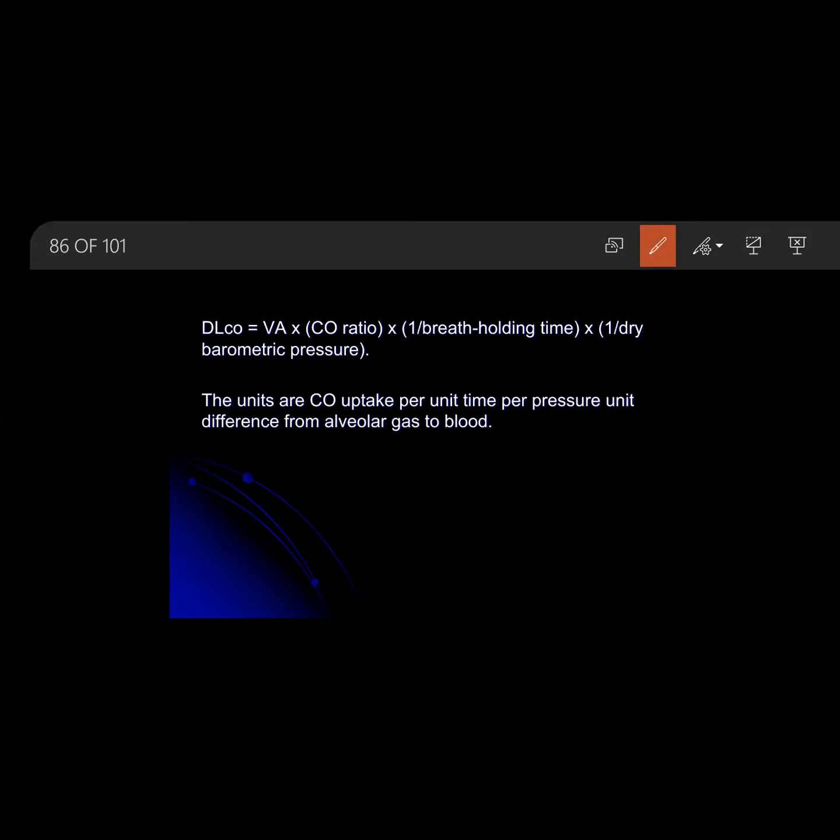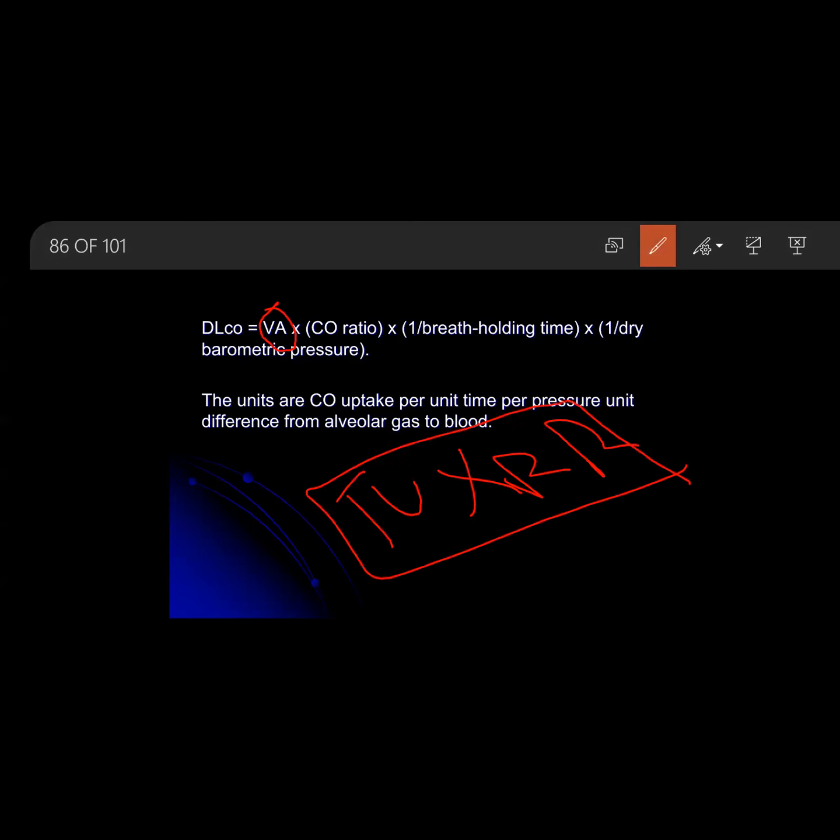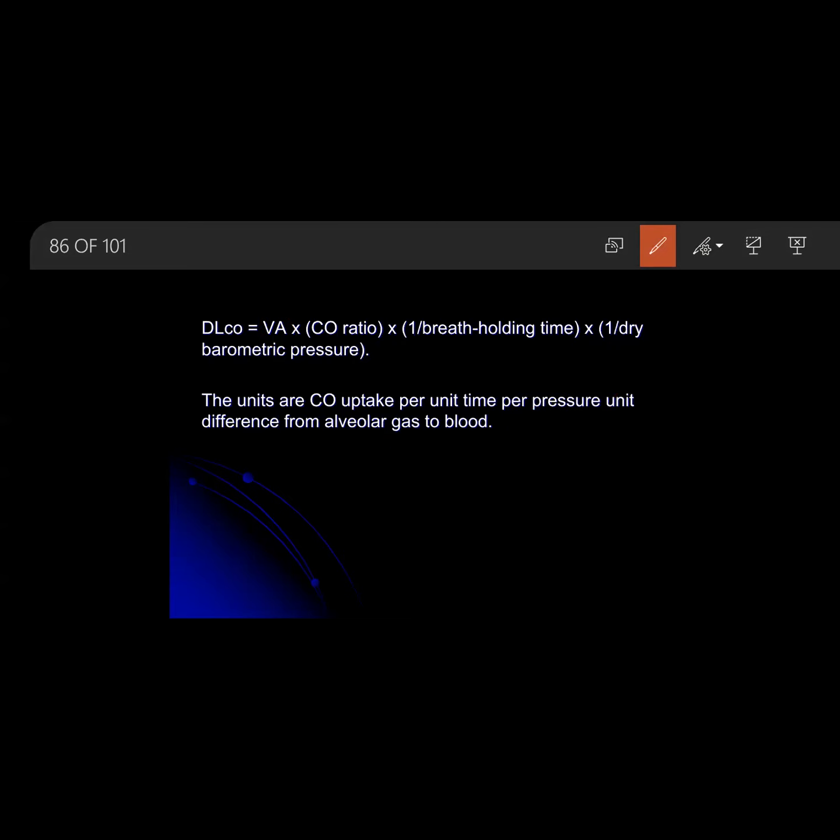We measure the alveolar ventilation, which is the tidal volume multiplied by the respiratory rate. And the alveolar ventilation is multiplied by the ratio of the inspired carbon monoxide divided by the expired carbon monoxide, and these factors are multiplied by 1 divided by the time of breath holding.